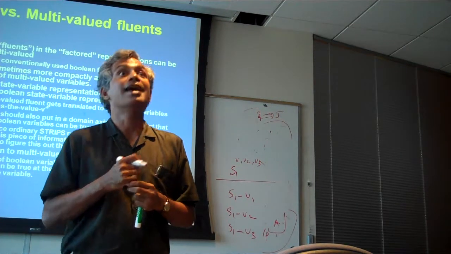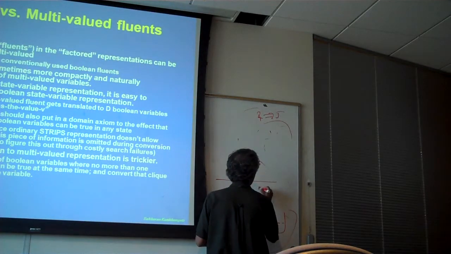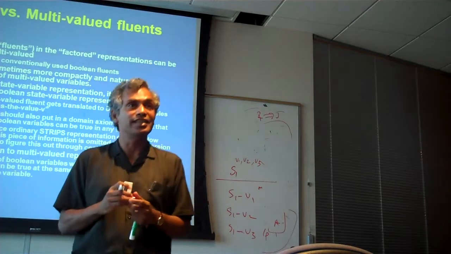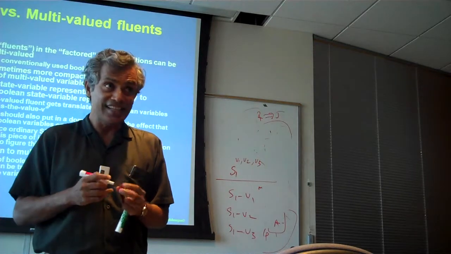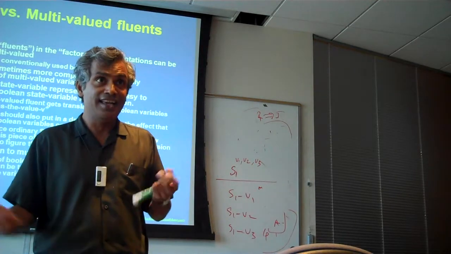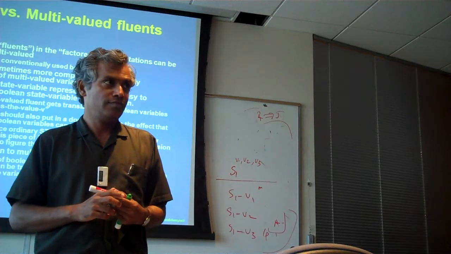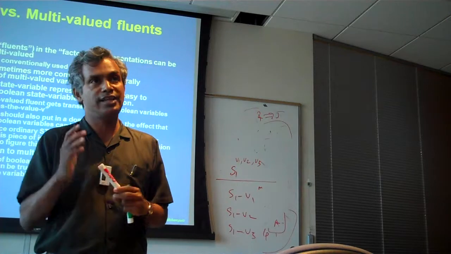Mutual exclusion. Yes. Okay. So really what I need to do is ensure only one of S1V1, S1V2, S1V3 is true. Logically, if you have n things and you want to write that only one of them is true, you need to write a whole bunch of binary mutual exclusion relations.